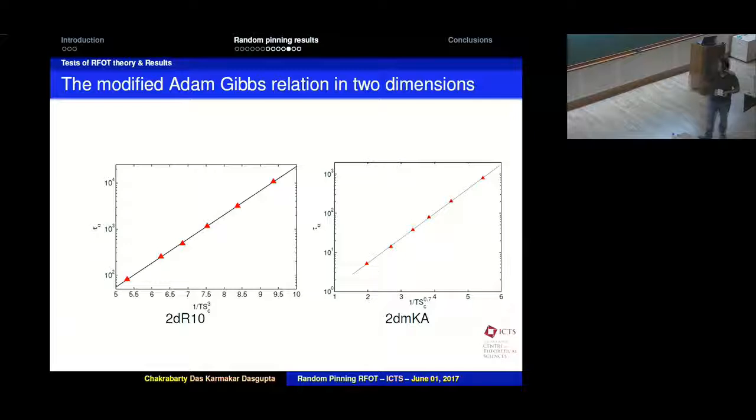For 2D, the exponent you need for the 2D R10 model is 3, and for the 2D modified Kob-Andersen model it's 0.7, which is not too far from 1. The fact that this is 3 will create some problem later on, as it is not even close to 1. So the modified Adam-Gibbs relation is that tau_alpha goes like e to the power 1 over T S_c cubed for the 2D R10 model.